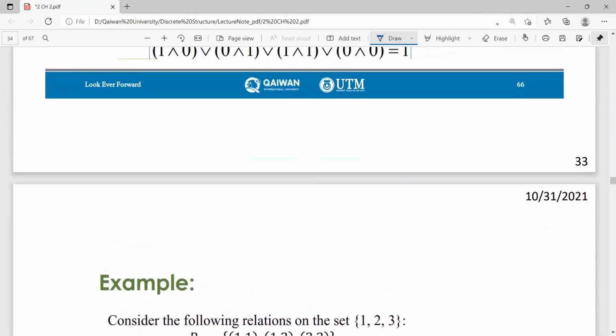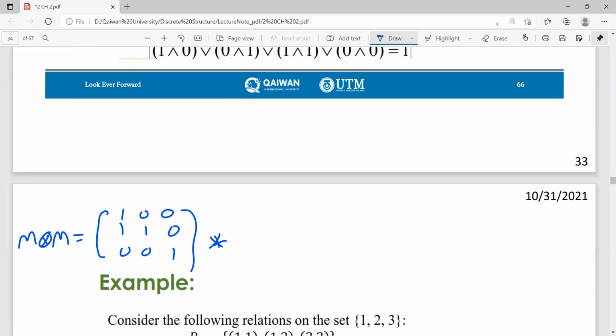M is 1 0 0, 1 1 0, 0 0 1, multiplied by itself, M Boolean product M, which is again 1 1 0, 0 1 0, 0 0 1.